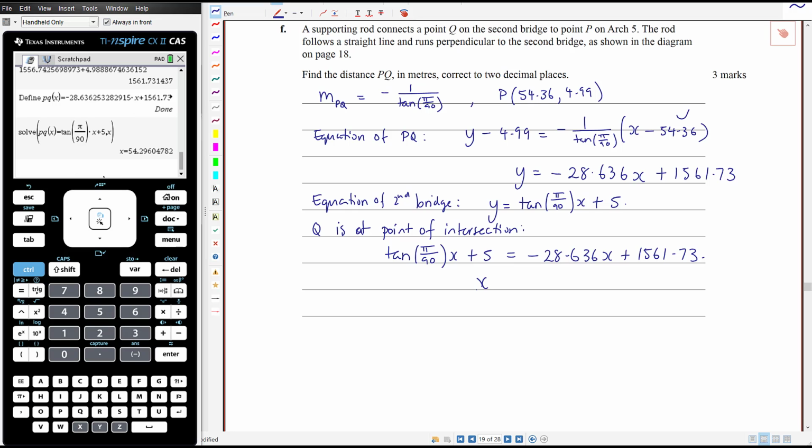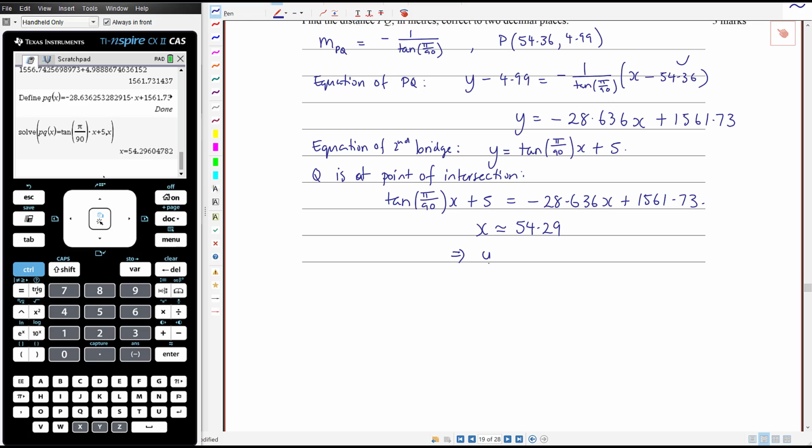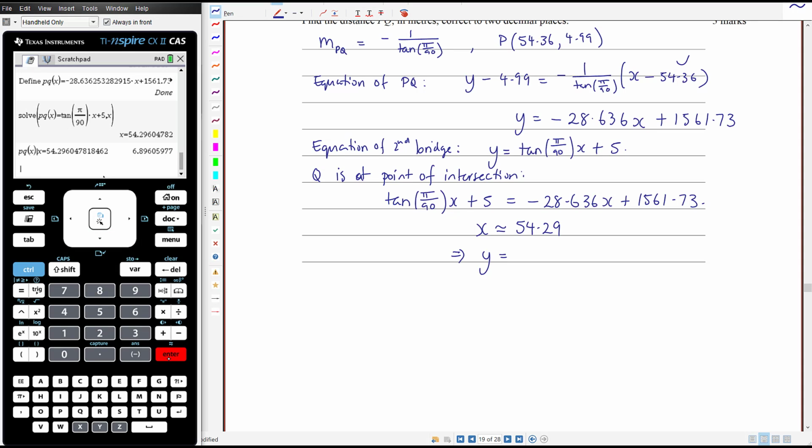Okay, so we get x is approximately 54.29. And then we want to find the y value, which we can sub back into this function I've defined. So PQ of x, given that x is that, so that means that y is approximately 6.90. Okay, so this means that Q is the point 54.29, 6.90.